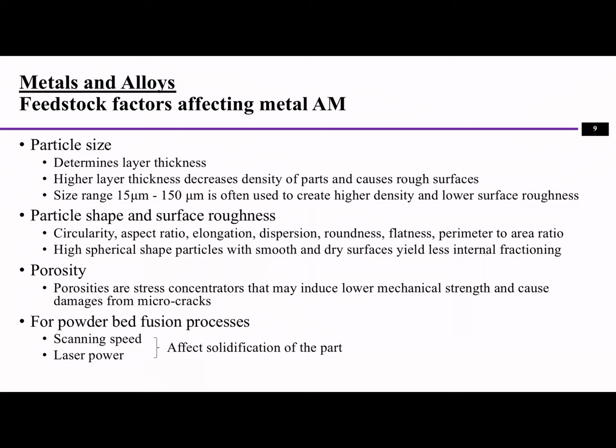Also, there are some processing parameters affecting the quality of the metal 3D printing parts. During the process, we know the main factor is the laser. So it really depends on the scanning speed and also laser power, because they will affect the solidification of the part.